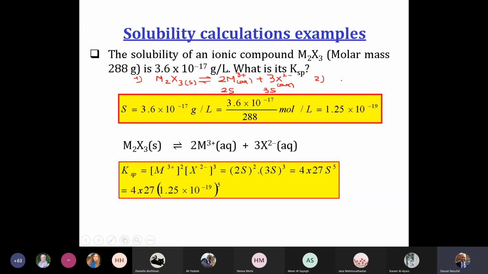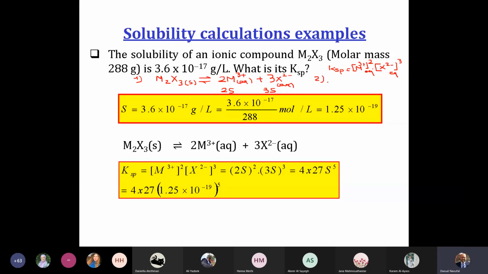Step 2, you write the expression of KSP. KSP is equal to the concentration of M3 plus at equilibrium to the power 2, since we have stoichiometric coefficient 2, times the concentration of X2 minus at equilibrium to the power 3.